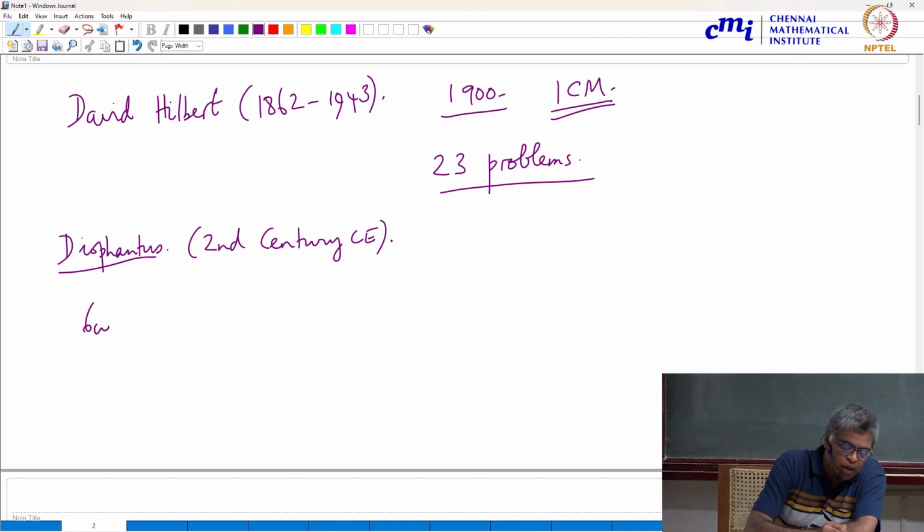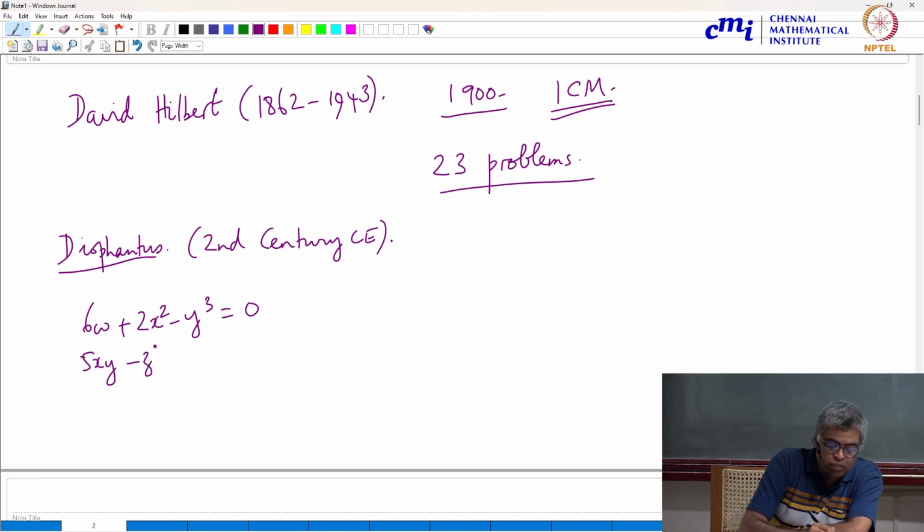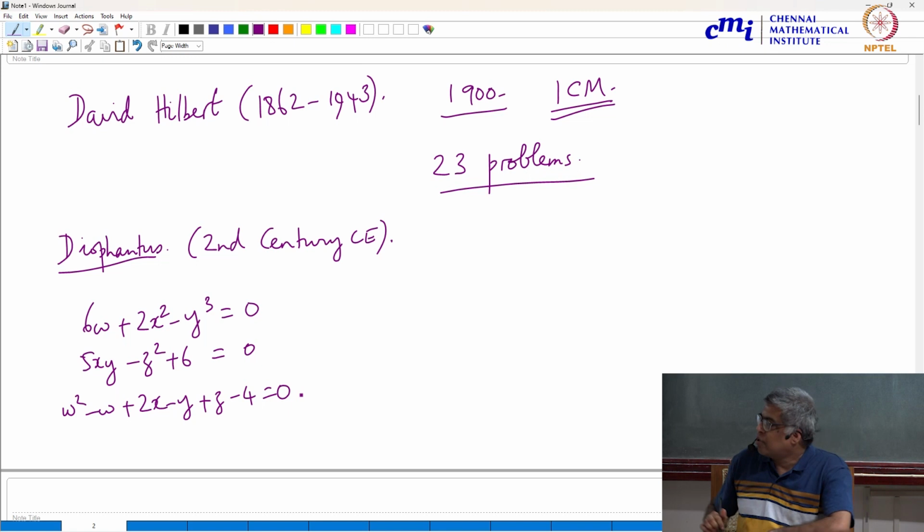Here is an example. So you study a system like this and ask, are there values that you can plug in for the variables w, x, y, z such that all these equations are satisfied?